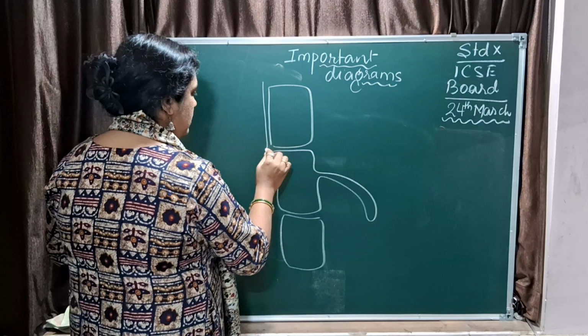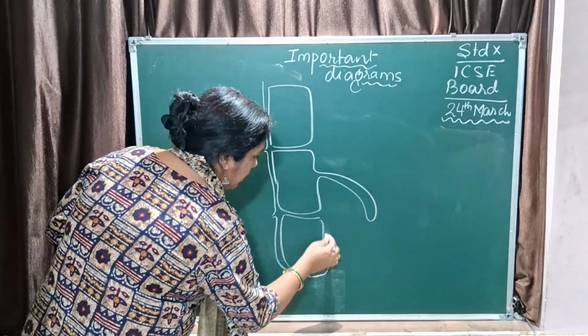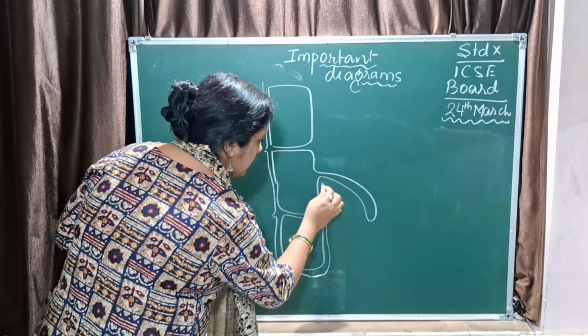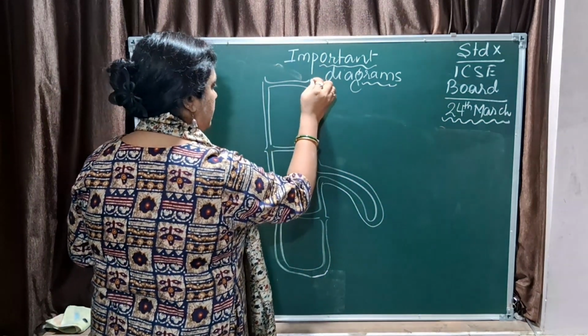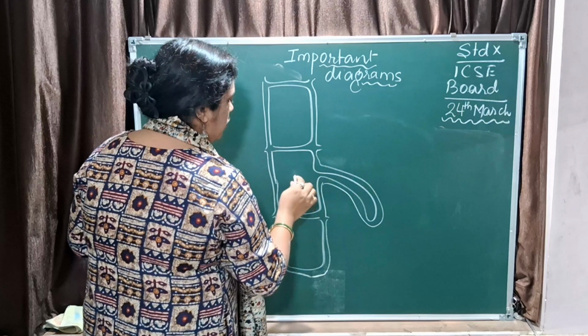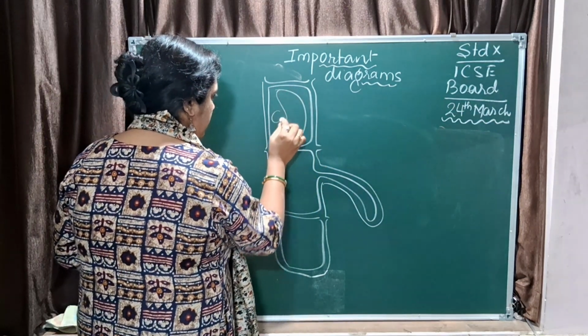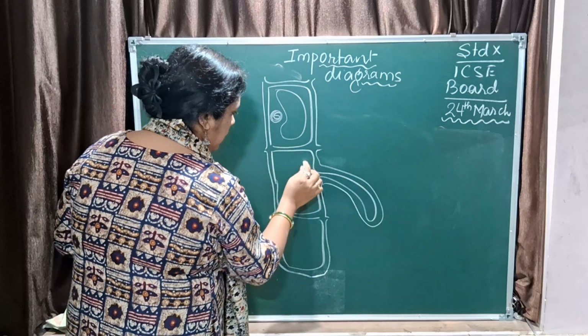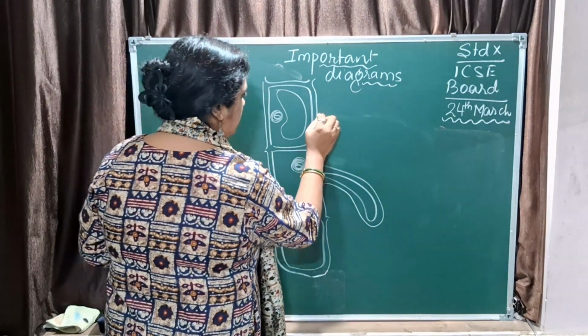Since you know that it's a plant cell, so you should have that is a cell wall, right? So you have a vacuole, you have the nucleus, here also you have the nucleus, you can label it.